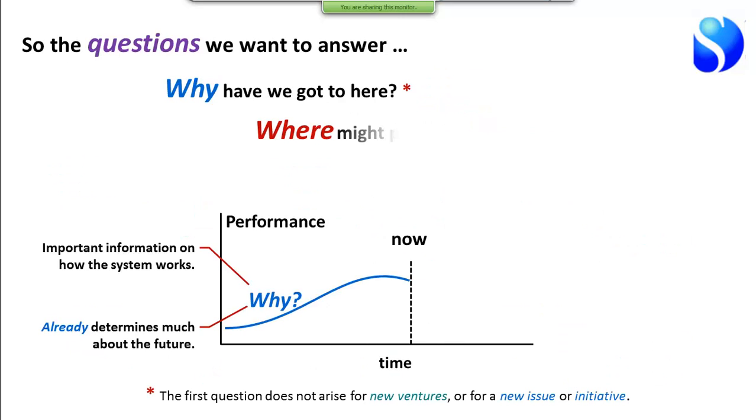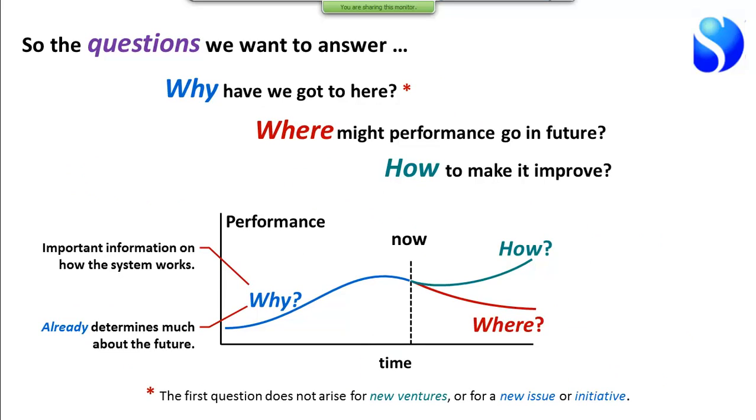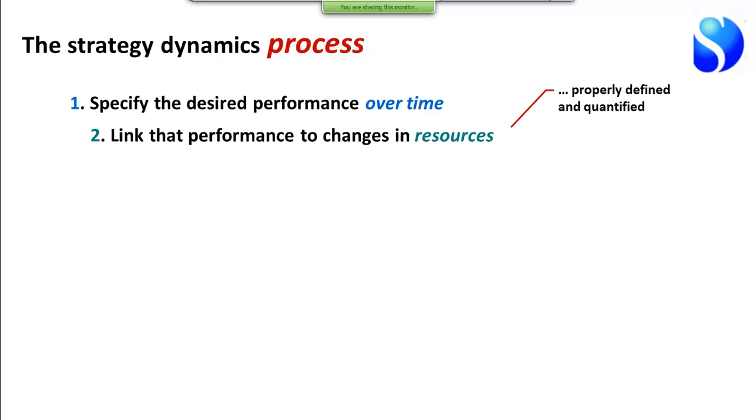So here's our generic starting point. Whatever the question is we're dealing with, we'll look at it through this lens. So we specify the desired performance over time. What we do is we identify why that is happening by linking that performance to changes in things we call resources, and they're quite specifically defined in strategy terms and quantified.